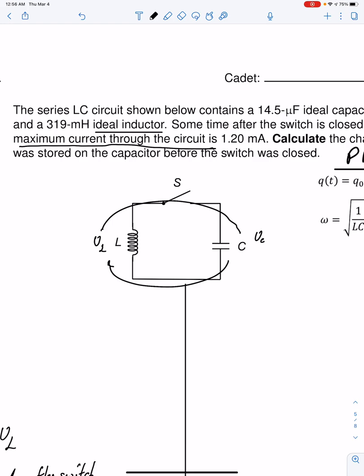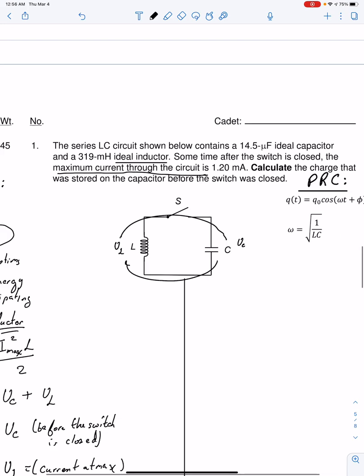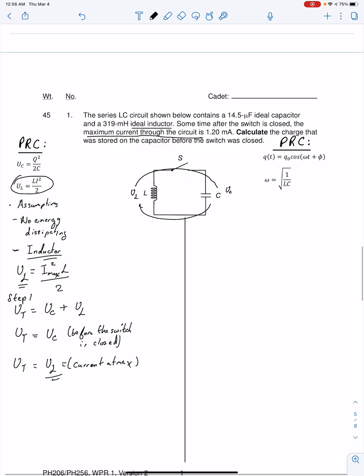It means that we never have, and another thing is that since energy is not dissipated either, we can say that UL, the inductor, minus UC, the capacitor, equals 0.